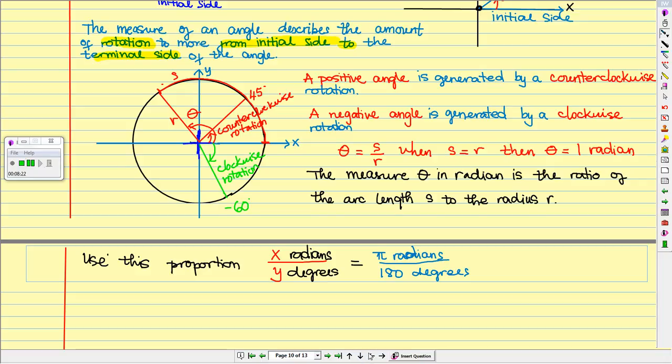So now we use this proportion to convert between degrees and radians.